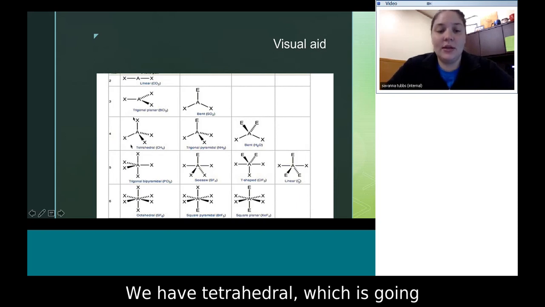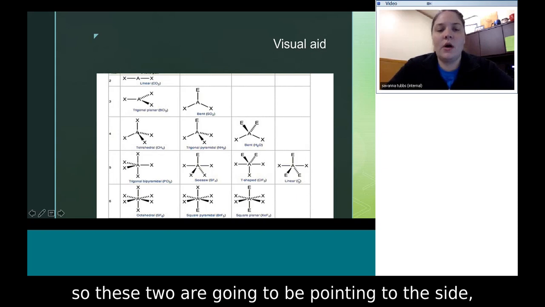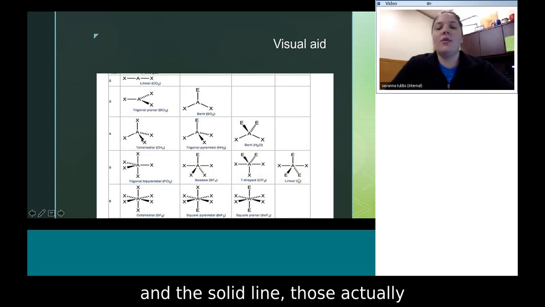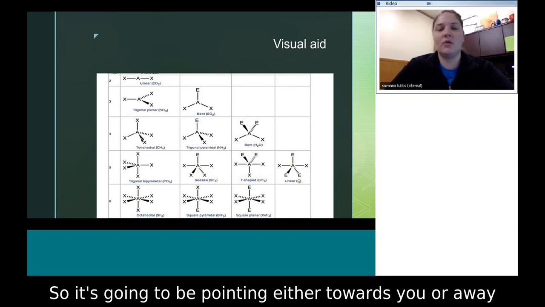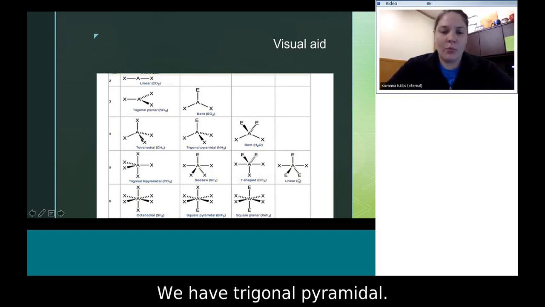We have tetrahedral, which has 4 things coming out. These 2 are going to be pointing to the sides, and then you'll notice the dotted line and the solid line. Those represent something pointing inwards and outwards, either towards you or away from you. We have trigonal pyramidal.